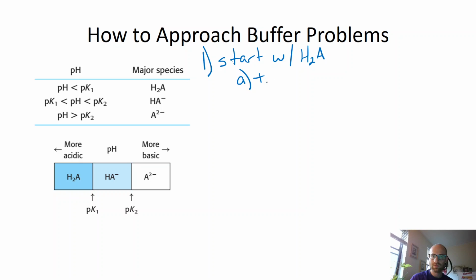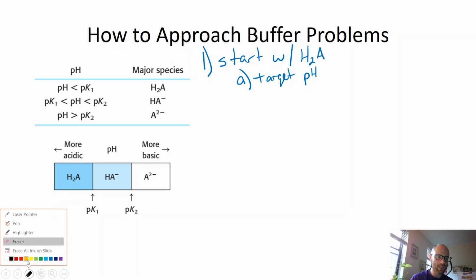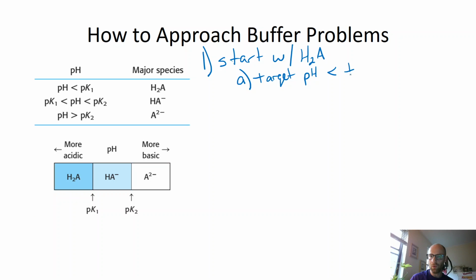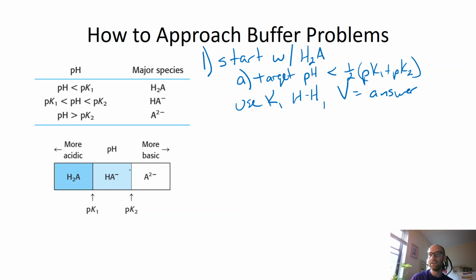So if your target pH is less than 1/2 pK1 plus pK2, then use K1, Henderson-Hasselbalch, V equals answer. Just the volume that you get.